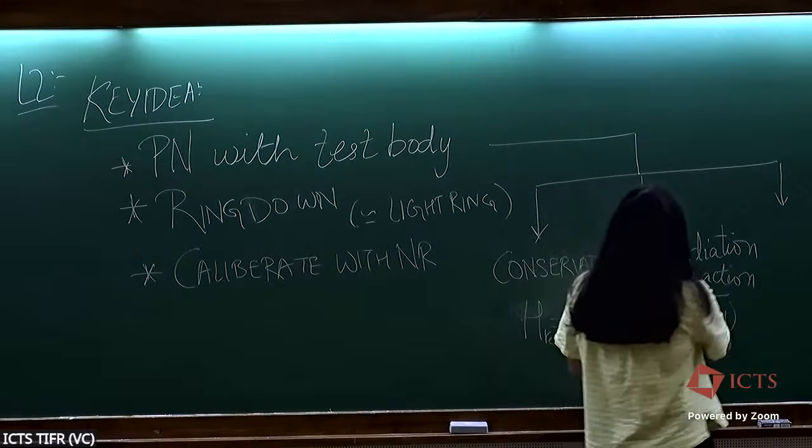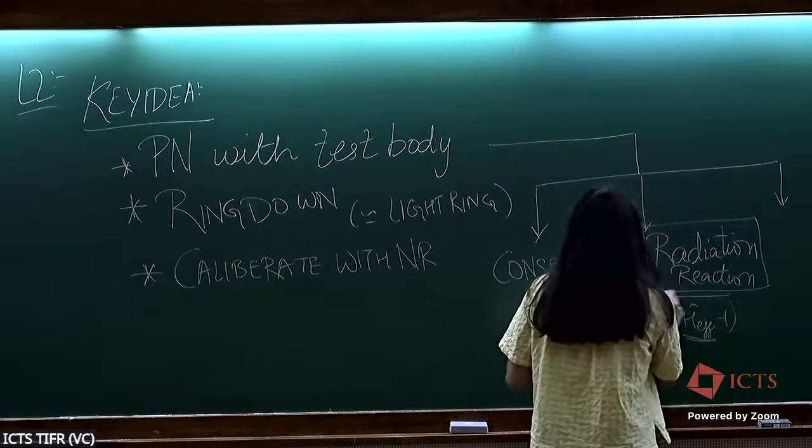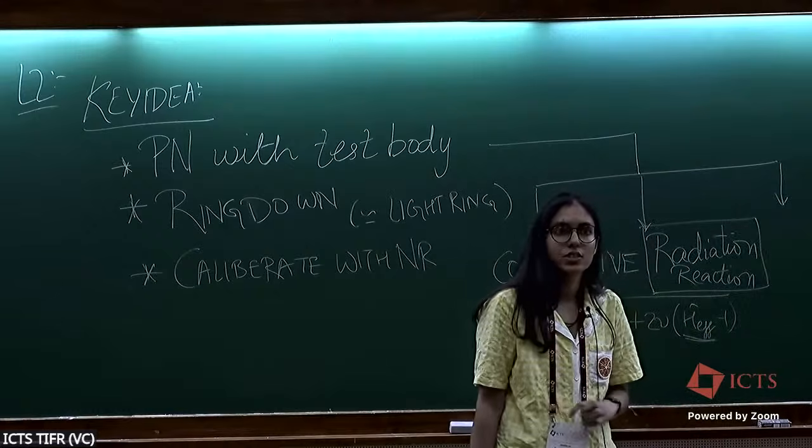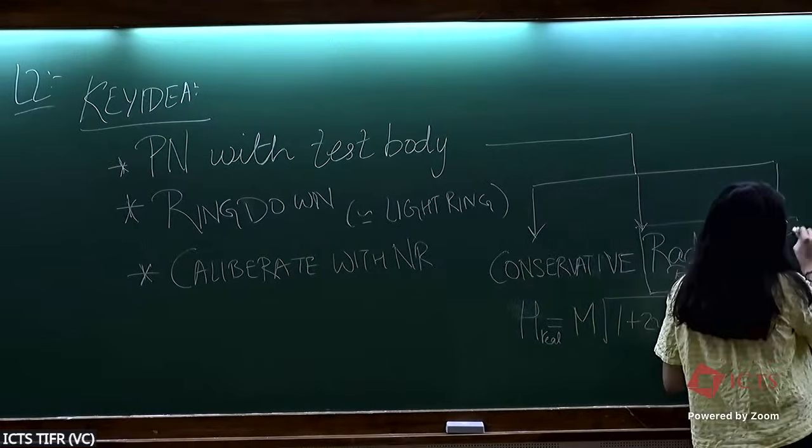Which becomes the second block, which we will discuss in this lecture. And then finally, what we want to obtain is the gravitational wave. So we need to also add the gravitational waveform here.